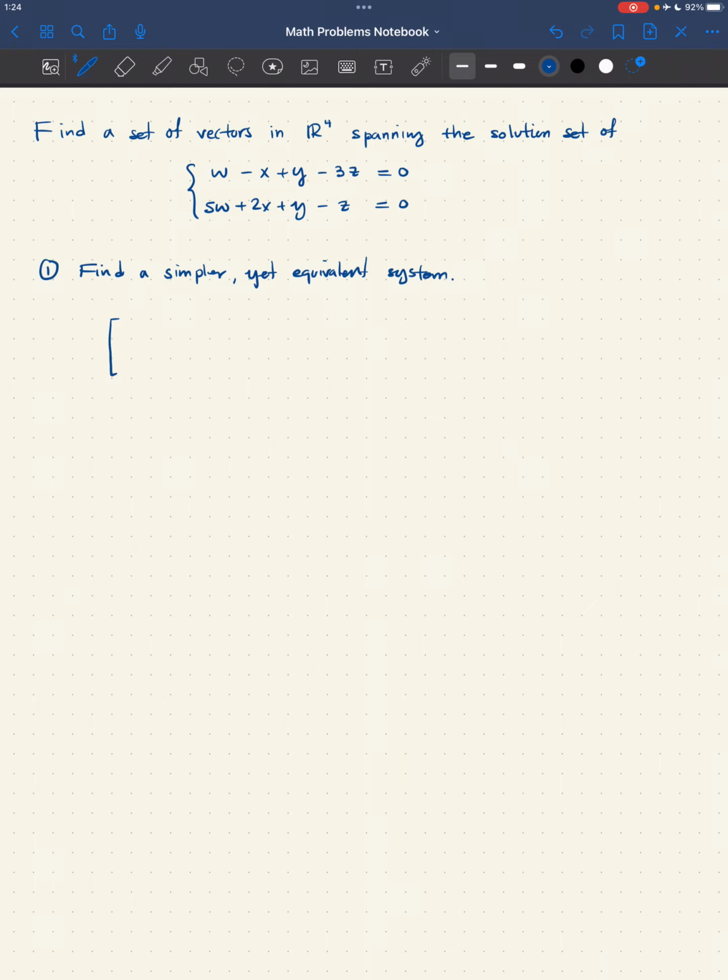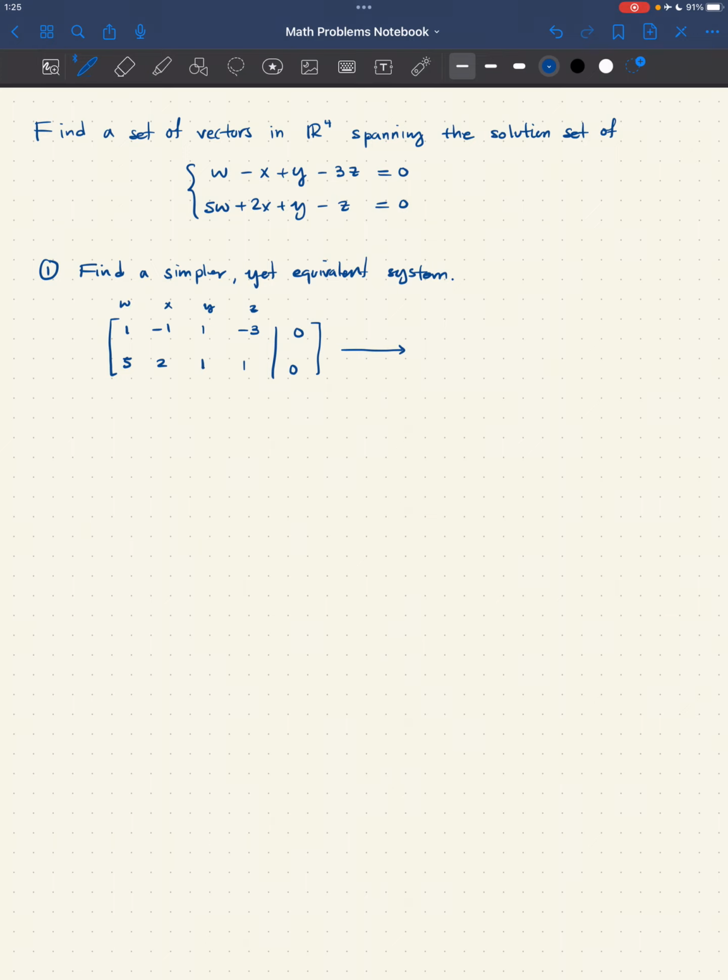I have 1, negative 1, 1, negative 3, followed by 0, then 5, 2, 1, 1, 0. And that takes care of the W part, the X part, the Y, and the Z, and that allows us to make that interpretation. Okay, so next operation, row reduction, as usual.